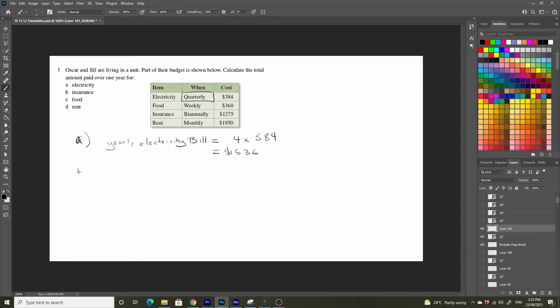Alright, let's look at B. We have their insurance. What's their annual insurance bill? Well, they pay it bi-annually, which means they pay this bill twice a year. Bi meaning 2, so they pay it twice a year.